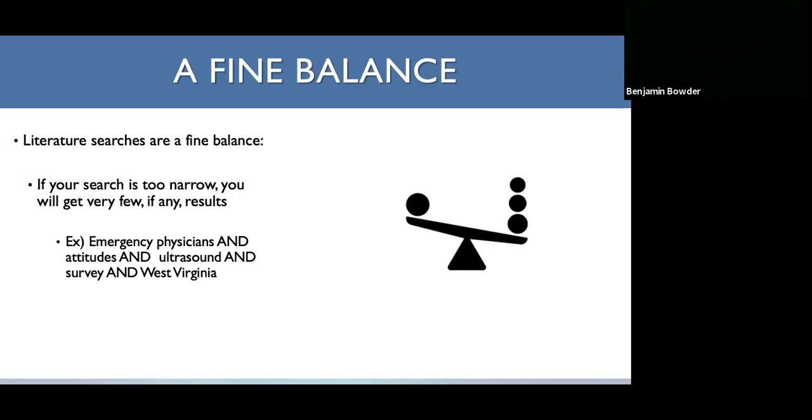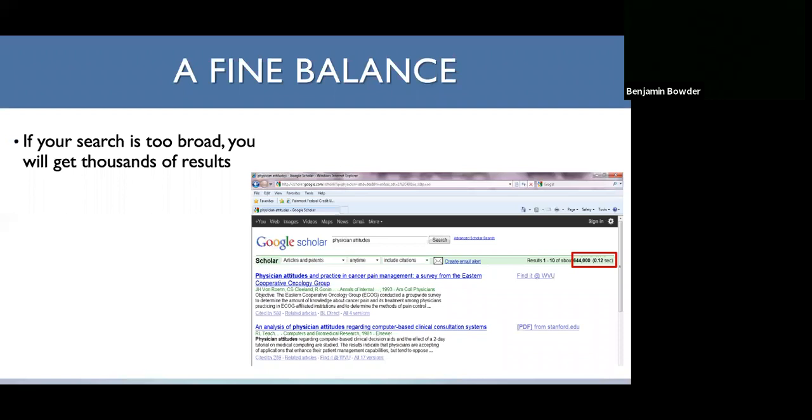And so if you narrow it that far, you might not get enough articles or get the right articles that you're looking for. But if you go too broadly and just type in perhaps 2 words, if you're looking at physician attitudes towards emergency medicine and just type in physician attitudes, you'll get over 600,000 studies. So it's really important to know how to broaden and narrow your search because it can be very overwhelming.